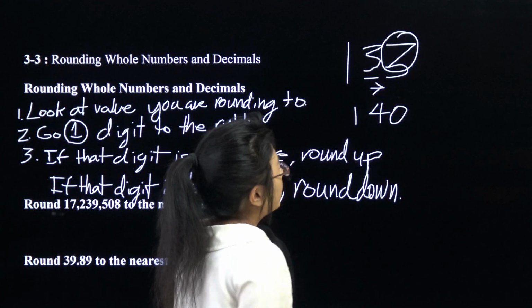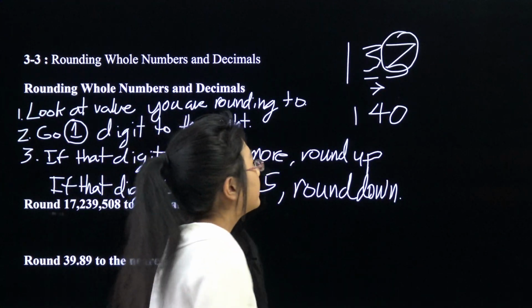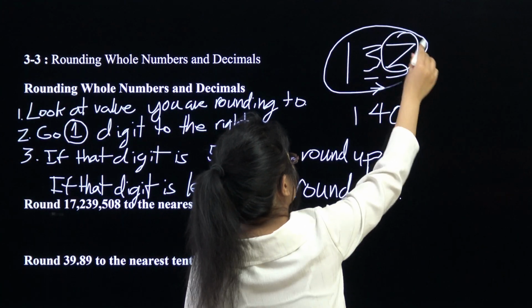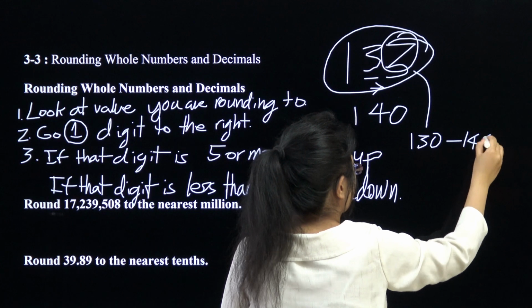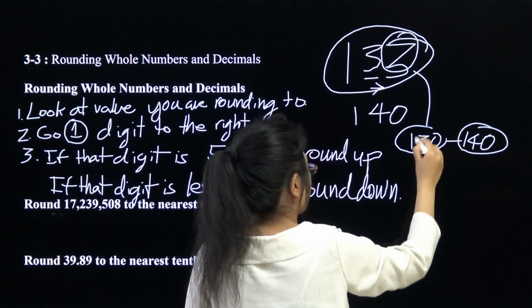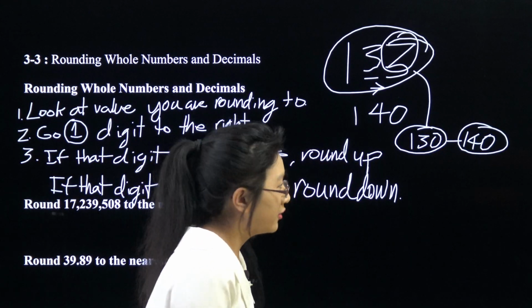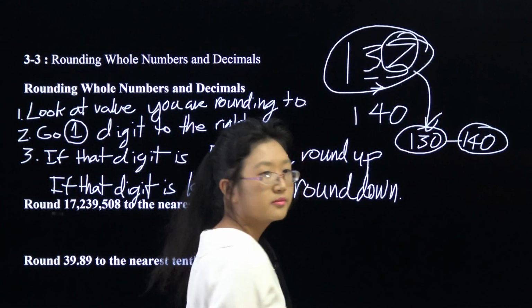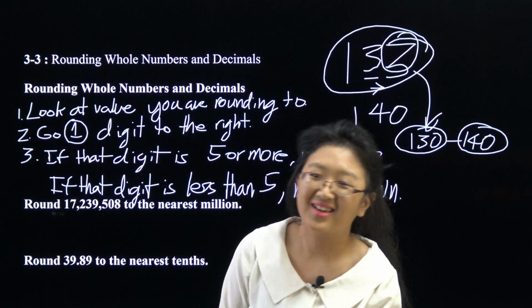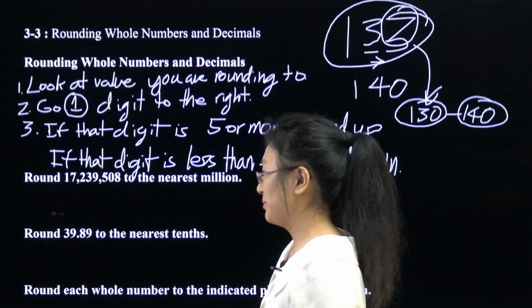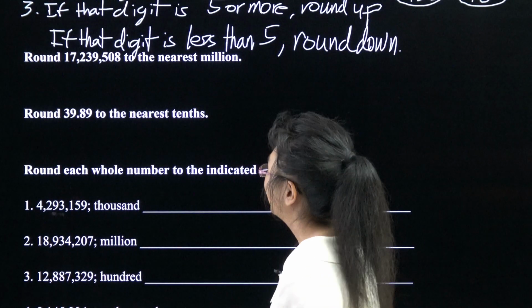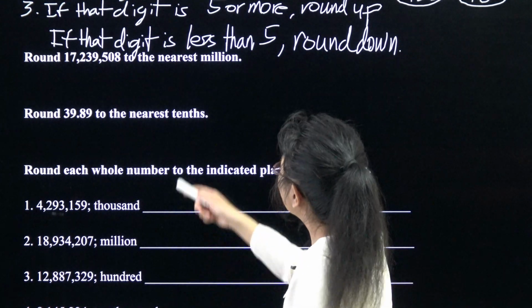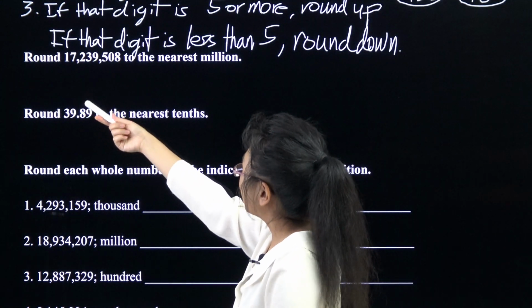Then you round down, but you don't round down to 120 because this number is between 130 and 140. So you're going to round to either 140 or 130. And since you're rounding down, you just round down to 130. Don't do 120. I've seen it happen before. It's not an enjoyable thing to see. So yeah, just don't.